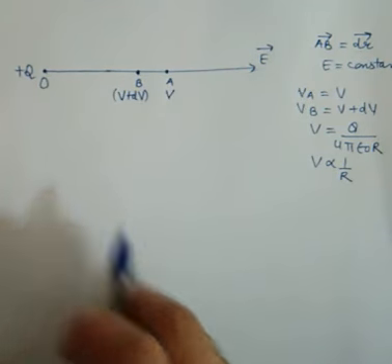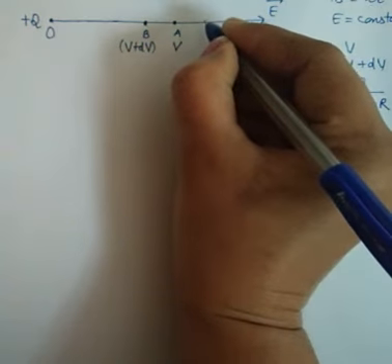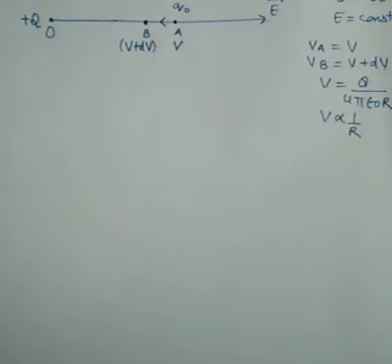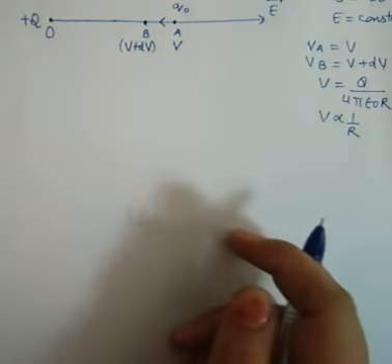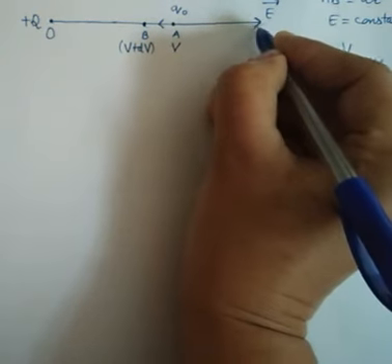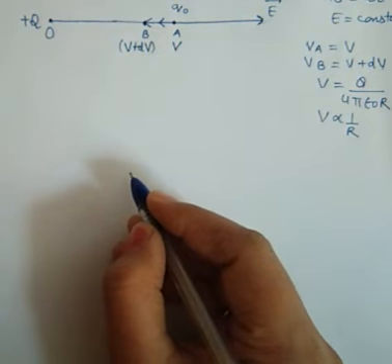Okay students, so if I move a test charge Q naught from A to B, the electric field is in the outward direction, and I am moving the charge in the inward direction. What does it mean?